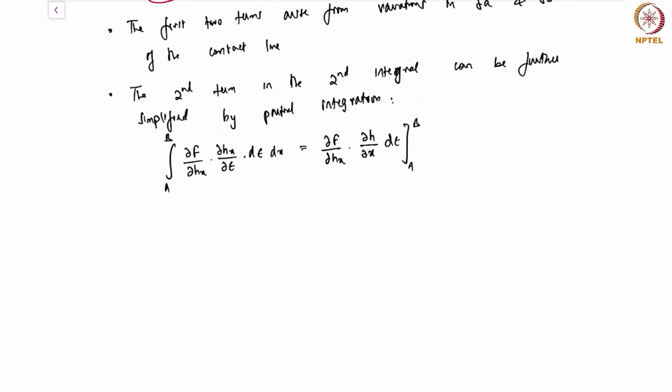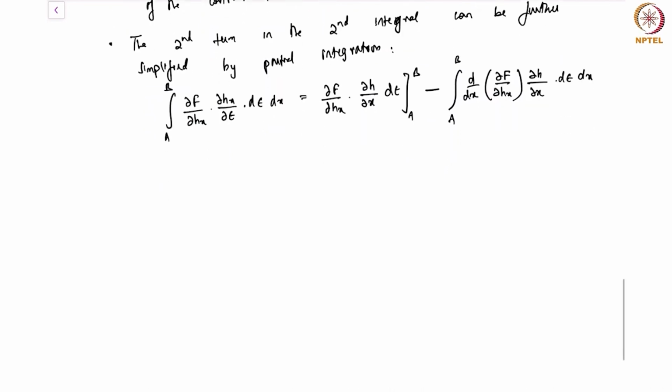This is from A to B, minus the integral from A to B of d by dx of del f by del h_x times del h by del x, d epsilon dx. This is what we have.